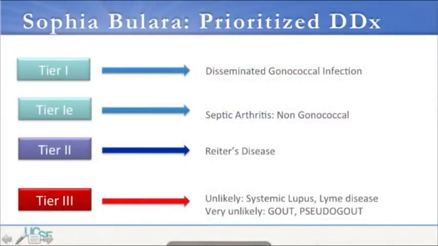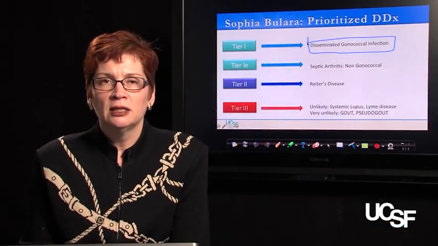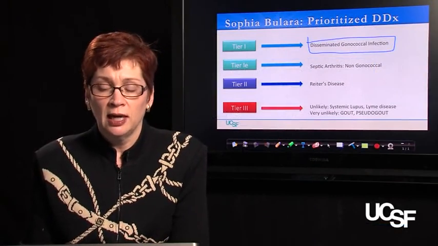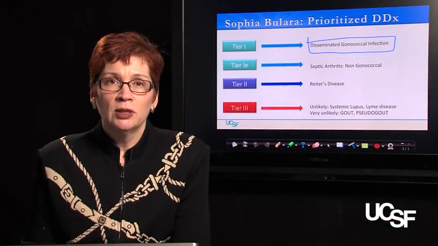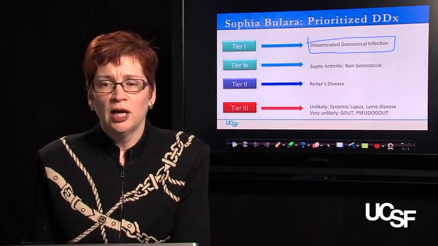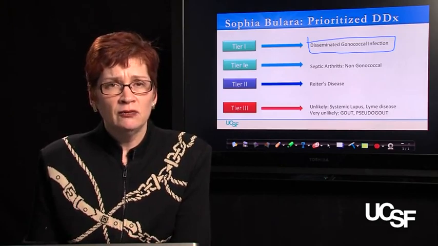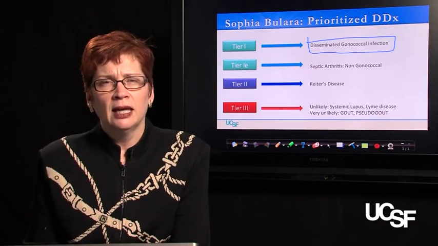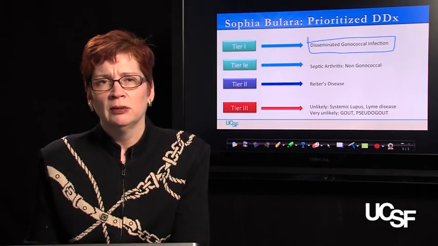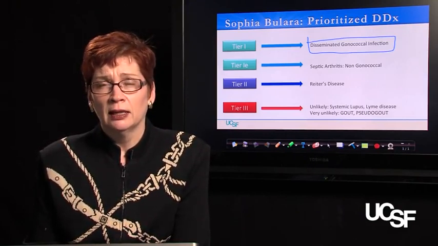So, tier 1 we decided was disseminated gonococcal infection. Epidemiologically, she has the relevant exposure. She's sexually active. From a time course, this several days worth of illness is quite compatible with DGI. From a clinical syndrome perspective, the tendon involvement and episodic evanescent joint involvement is very compatible, as is the rash, quite classic for disseminated gonococcal infection.